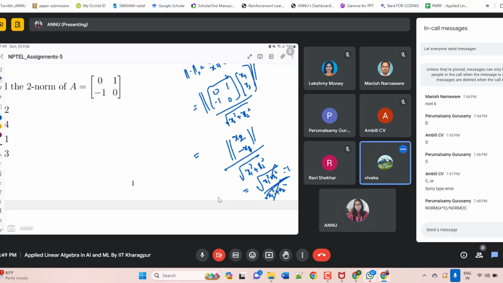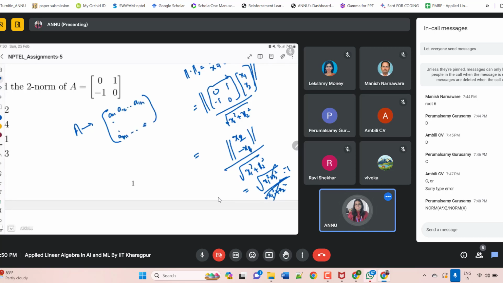In the Frobenius method, how is it related to orthogonal matrices U and V of order n? What are you asking? The Frobenius norm is actually the norm of the vector of A. Suppose A is an n by n matrix with entries A11, A12, up to ANN. The vector of A is A11 to AN1 and so on.